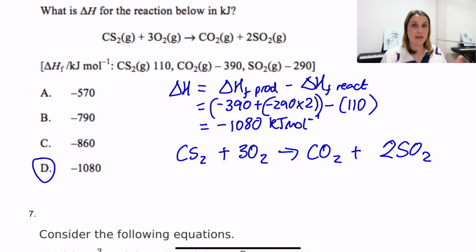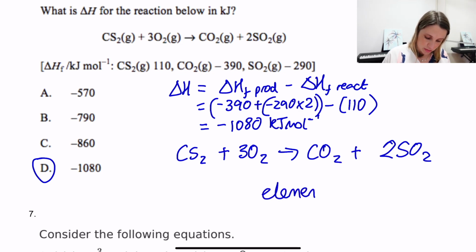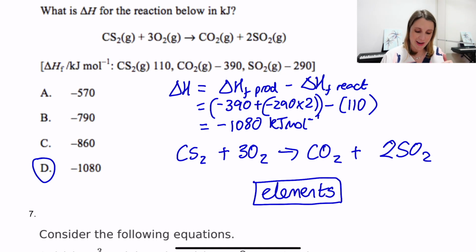And what they've given me in this question is the enthalpies of formation, which means that for all of these compounds, they've told me what the enthalpy change is when I go from the elements to the compound. So I can draw the cycle here.